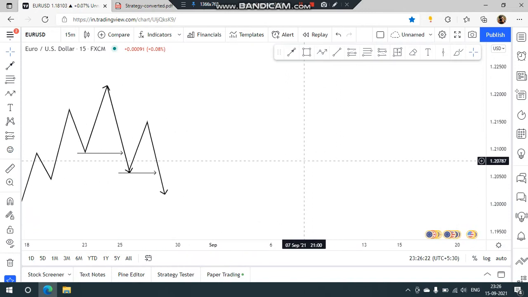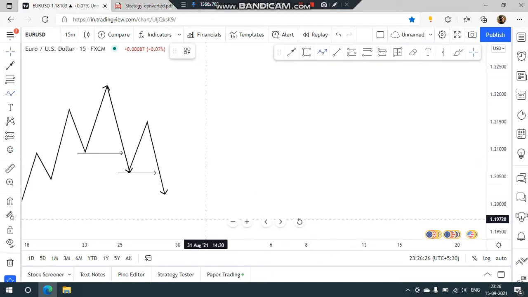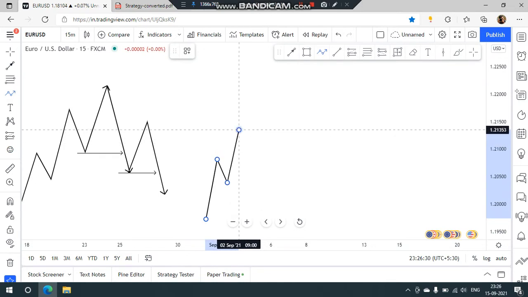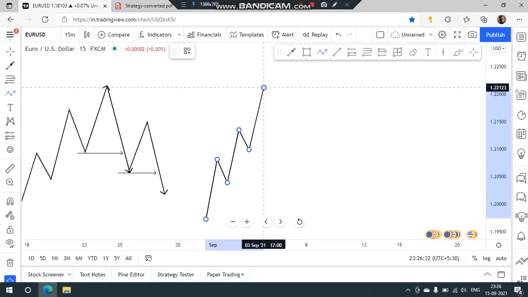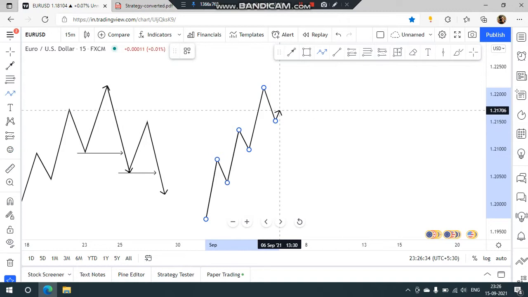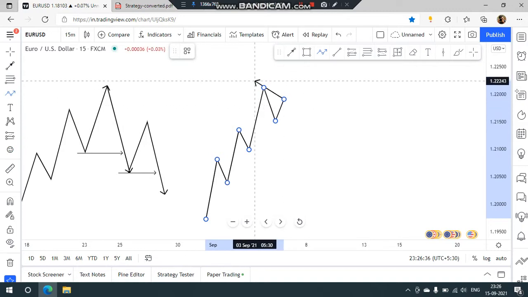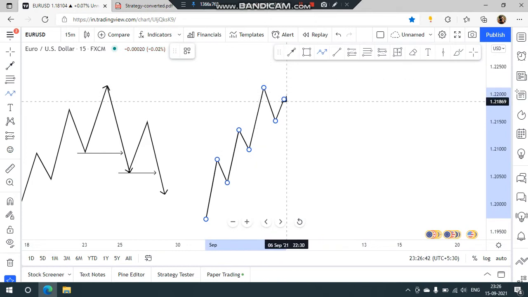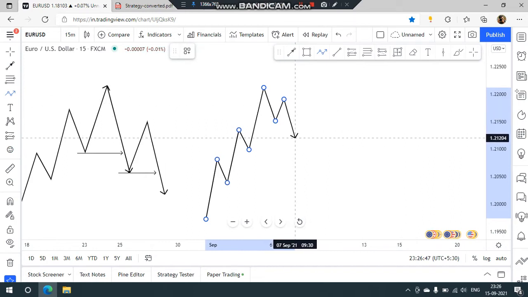The next thing is again an uptrend: high, low, higher low, higher high, higher low, higher high, higher low, and then it failed to form a high. For an uptrend it should break this high and go up, but it failed to form a high and then broke this structure.